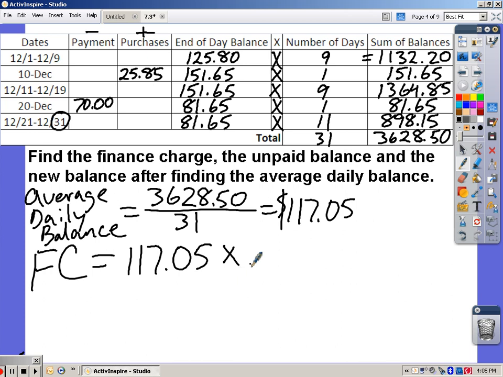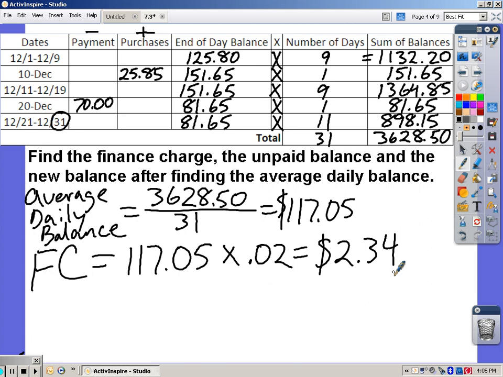So my periodic rate is 0.02. Multiply that together. Do that now. You should have come up with 2.341. Since this is finance, we take everything to the nearest penny when we're dealing with dollars. So your finance charge is $2.34.